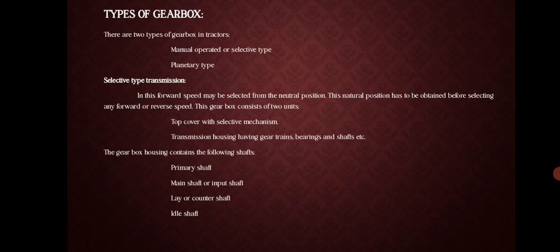This gearbox consists of two units: the top cover with selective mechanism, and the transmission housing having gear trains, bearings and shaft etc. The gearbox housing contains the following shafts: primary shaft, main shaft or input shaft, lay or counter shaft, and idle shaft.